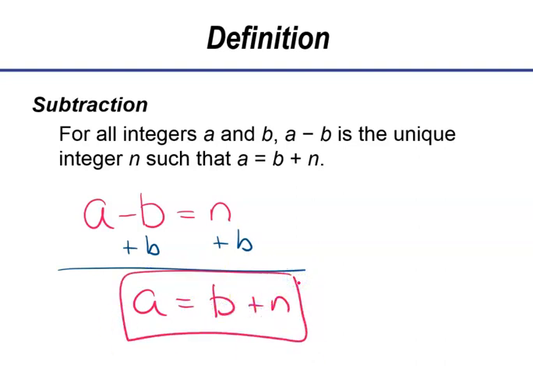We know we can do that. So if a minus b equals n, you could use the definition that a is equal to b plus some number. This is the number we don't know, which is the answer to our subtraction problem.